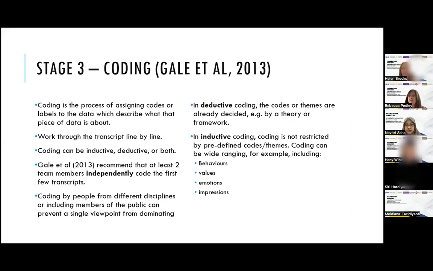Perhaps you've got people with lived experience. Often we involve people with lived experience of mental health problems in our team. And it just prevents one viewpoint from dominating, because everyone comes to the analysis with a slightly different perspective. So it can be really helpful to have a range of people involved in the process.